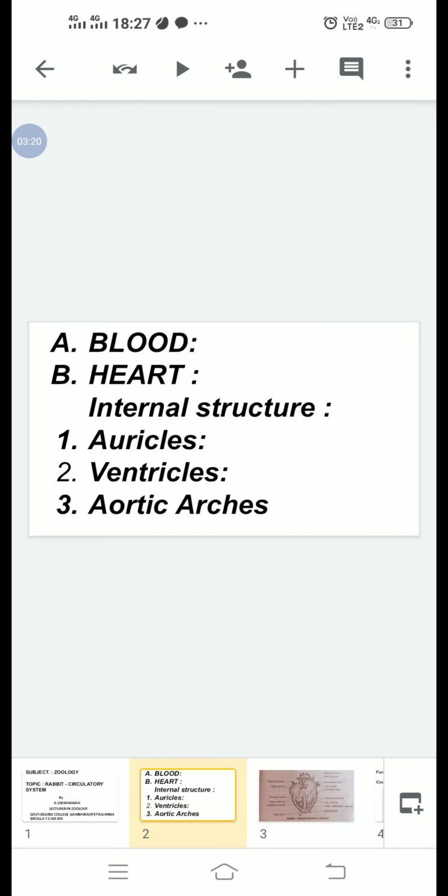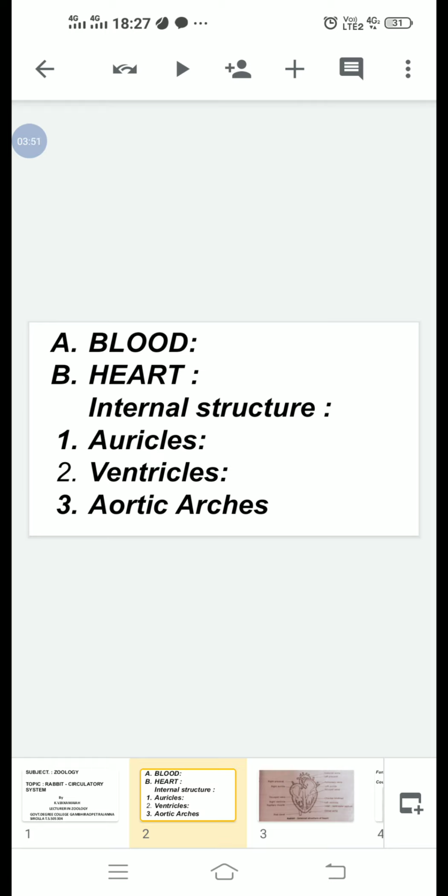Next, heart. The heart is the central muscular pumping station of the circulatory system.